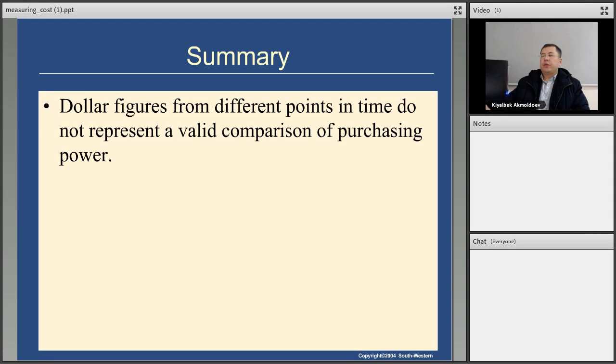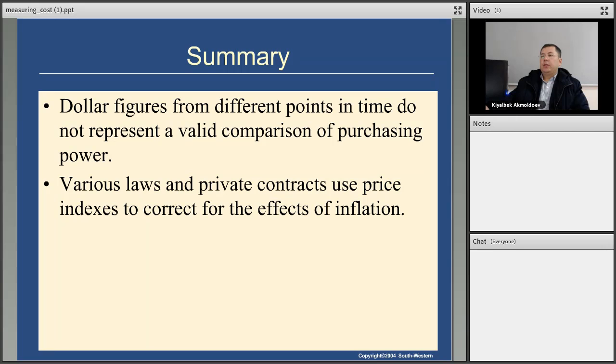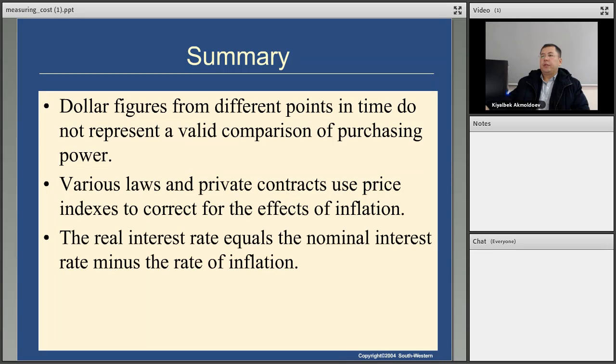Dollar figures from different points in time must be corrected to represent a valid comparison of purchasing power. Various laws and private contracts use price indexes to correct for the effect of inflation. The real interest rate equals the nominal interest rate minus the rate of inflation. So this is what we talked about regarding the CPI.